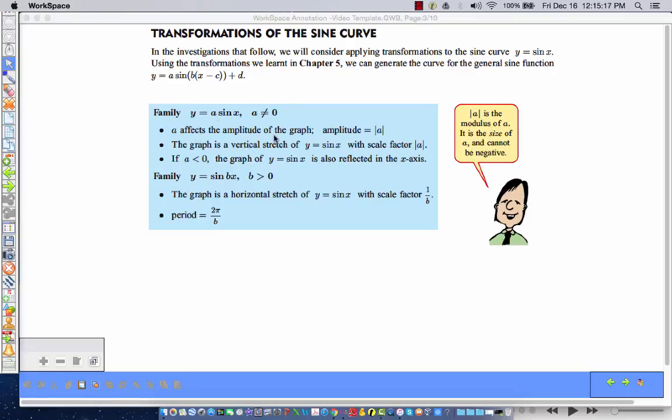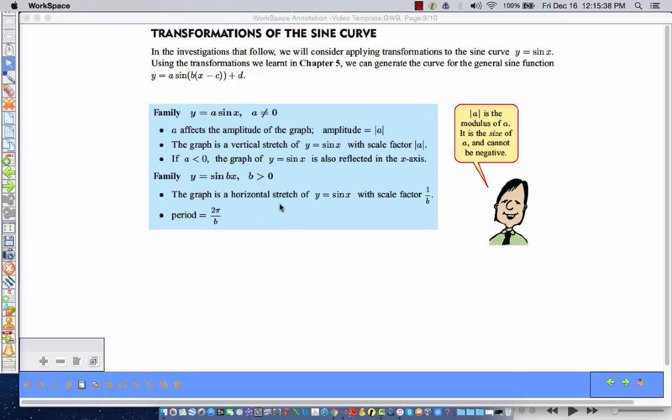A affects the amplitude, and the amplitude is the absolute value of A. Remember, that's the distance from the principal axis to the maximum point on the periodic function. We say absolute value of A is the modulus of A. Some folks call this mod A. It is the size of A and cannot be negative.